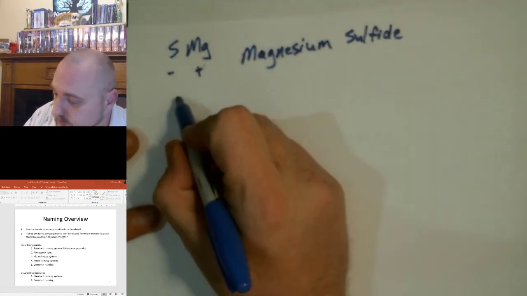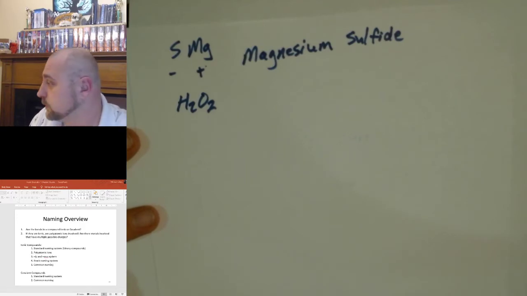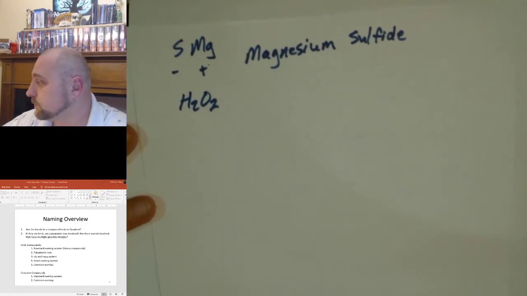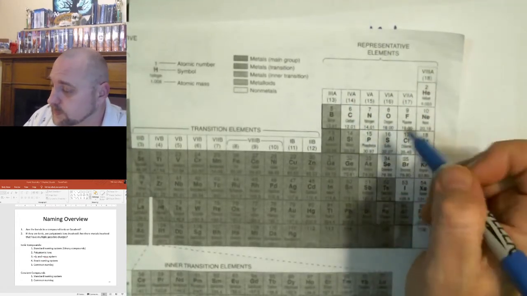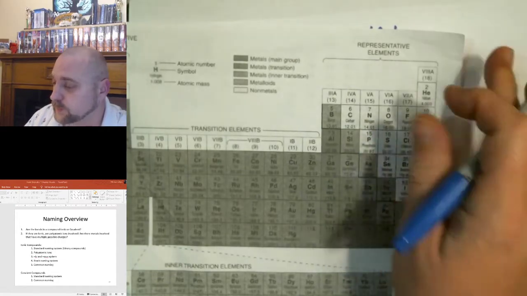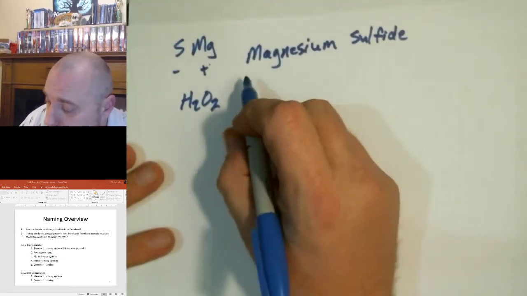Next on my list is H2O2. So when I find hydrogen, don't forget hydrogen has to move. It'll be above the B and the C. So hydrogen and oxygen, we do not cross the staircase, so it's going to be a covalent bond. It's a polar covalent bond because they're not touching.